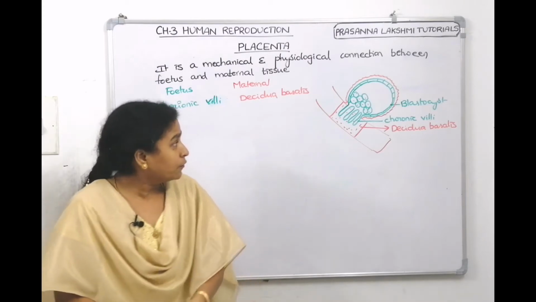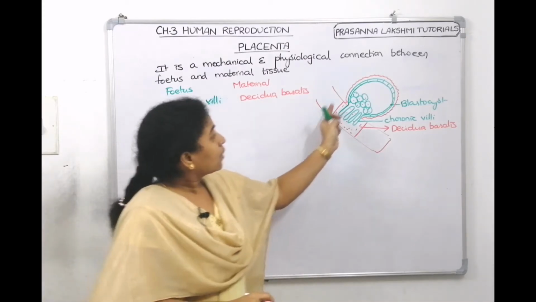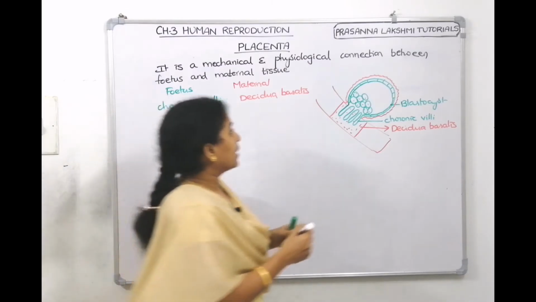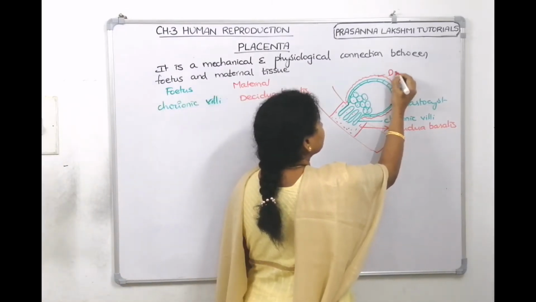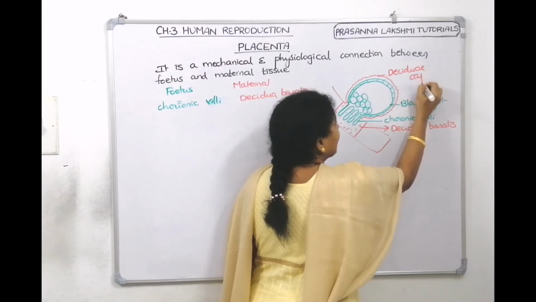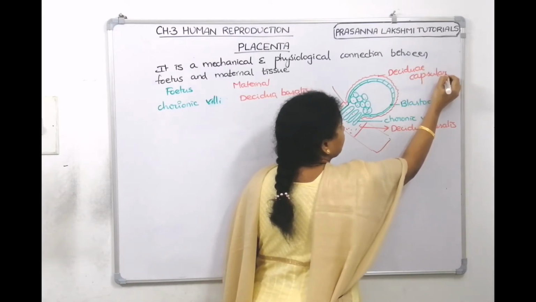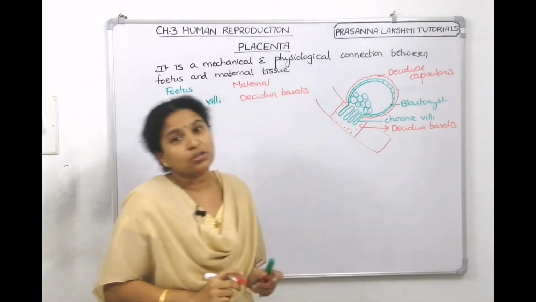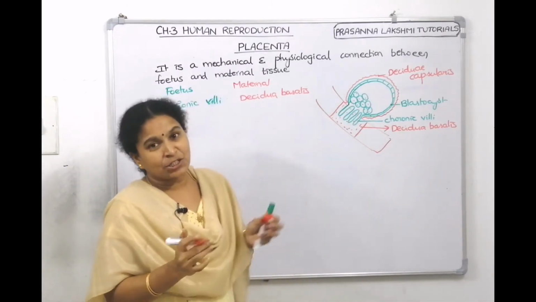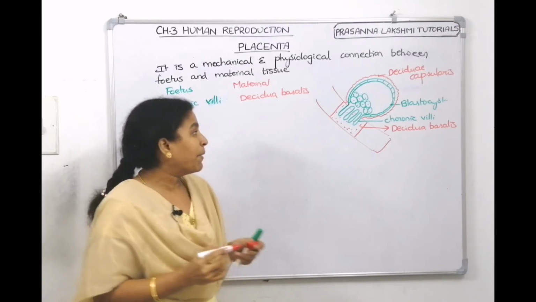The portion of the endometrium which will enclose the blastocyst is called Decidua capsularis. The third portion of the decidua which is away from this blastocyst is called Decidua parietalis.